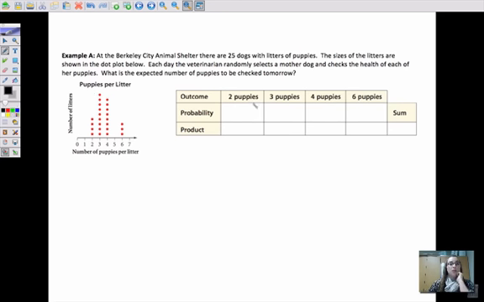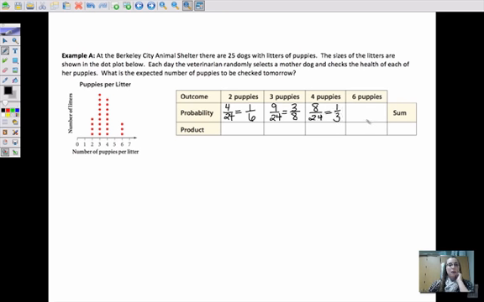And so here we've got 4 out of 24 for 2 puppies, or 1/6. For 3 puppies, we've got 9 out of 24, which we could divide by 3. That would be 3/8. 4 puppies was 8 out of 24, which we could make 1/3.